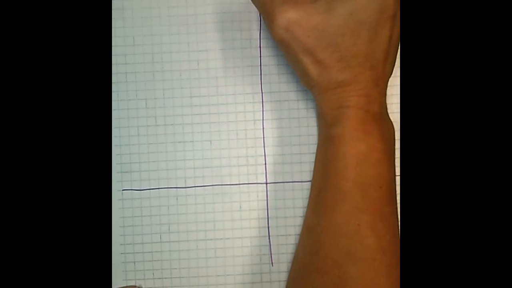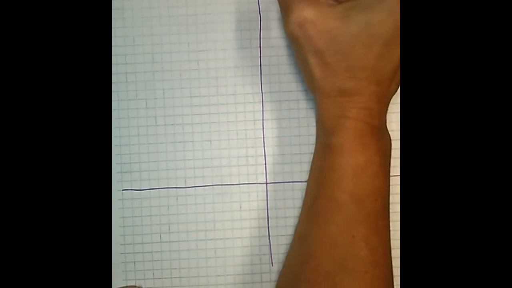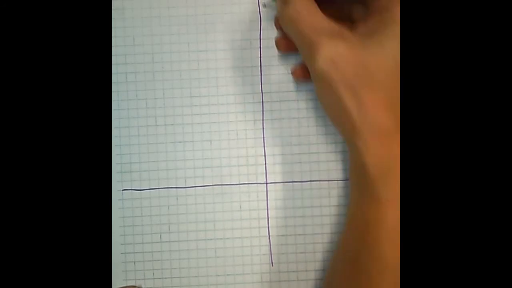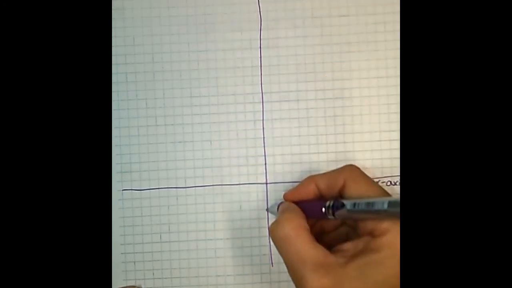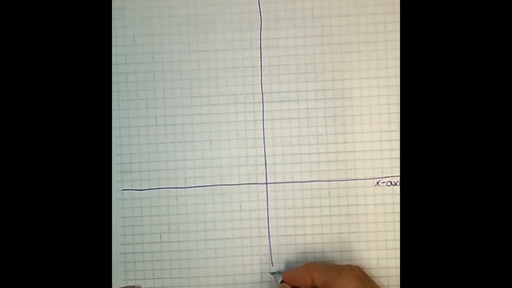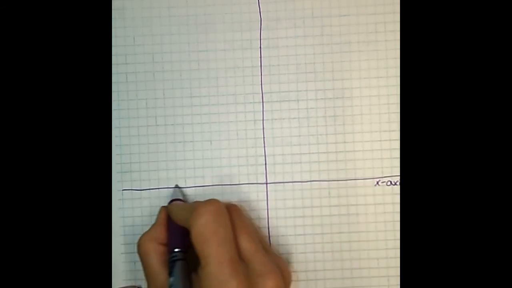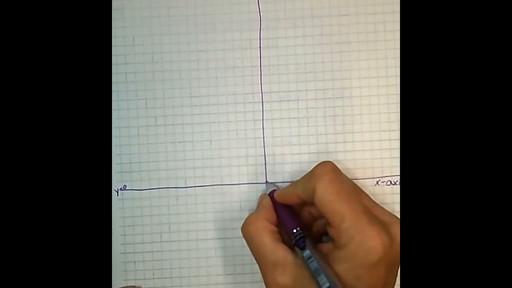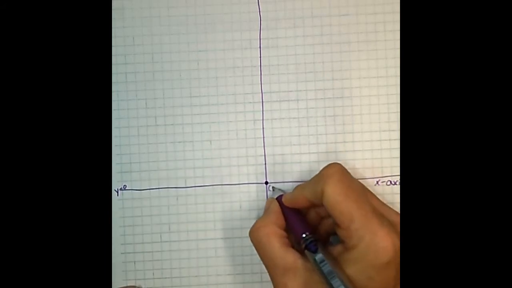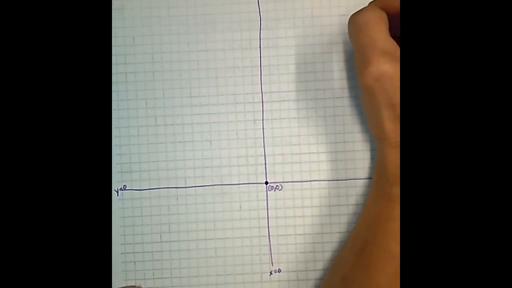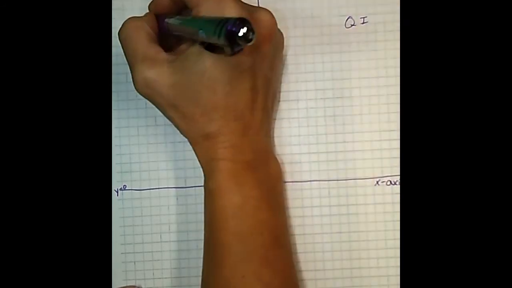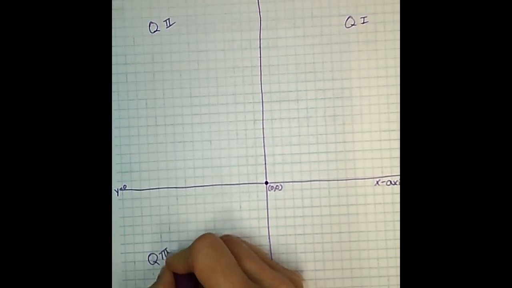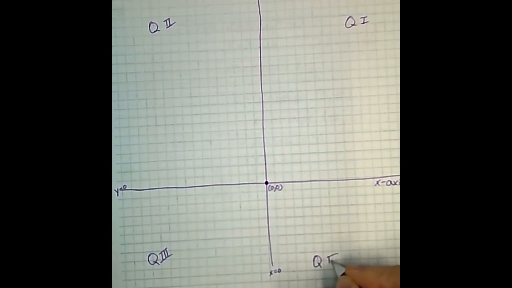So I have my y-axis and I have my x-axis. Any time I have a point on the y-axis, x is 0. Any time I have a point on my x-axis, y is 0. This point right here is called the origin. It's (0, 0). I have quadrant 1, quadrant 2, quadrant 3, quadrant 4.